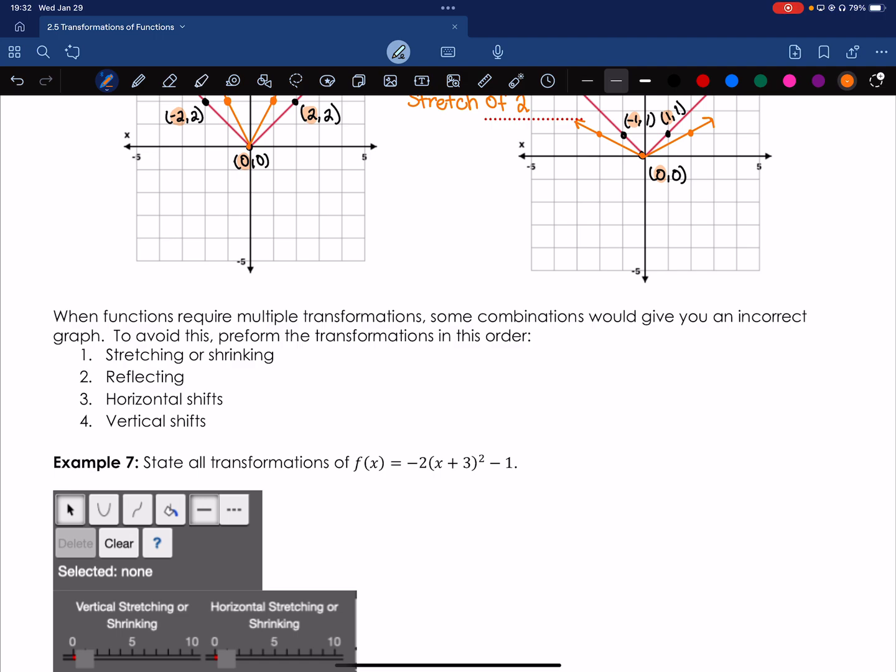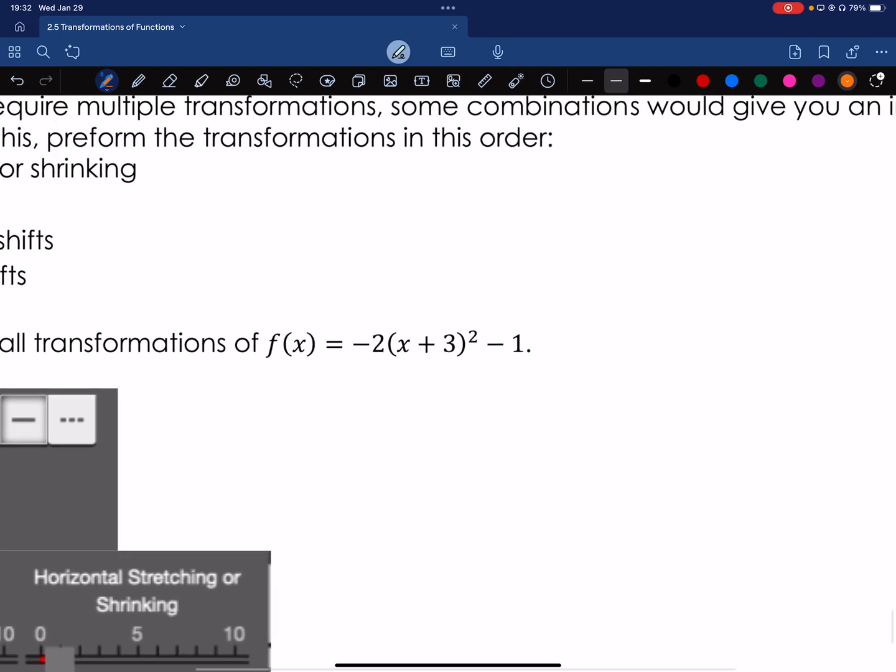If it comes down to you having a whole bunch of them and you're actually having to plot points, my suggestion is finding that vertex, that center where 0, 0 would be based on the horizontal and vertical shifts. And then I would just make a table. Okay, I think it gets really confusing if you're trying to do all of these transformations in one. I would just make a table, plug in some x values, and evaluate it that way. I think that's the safest way to go about it.